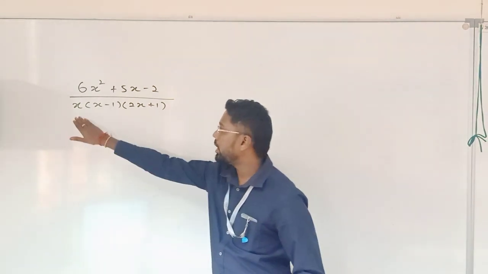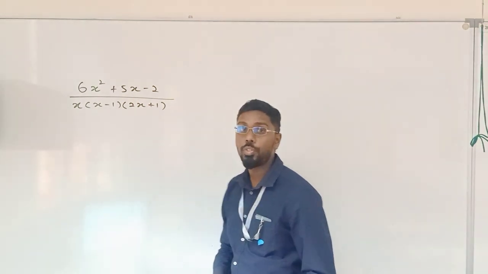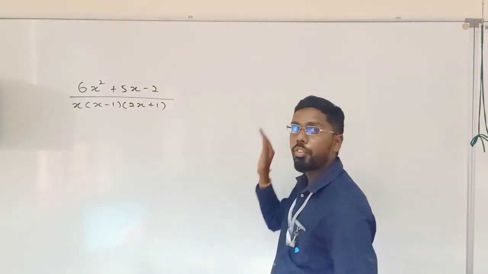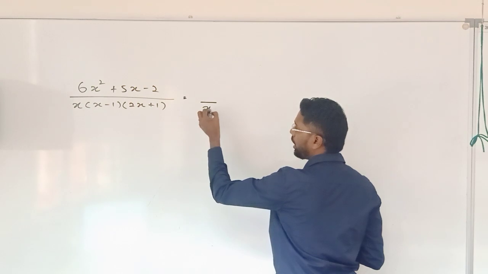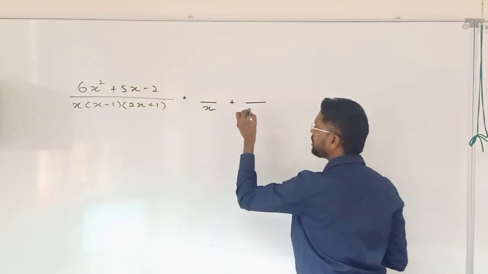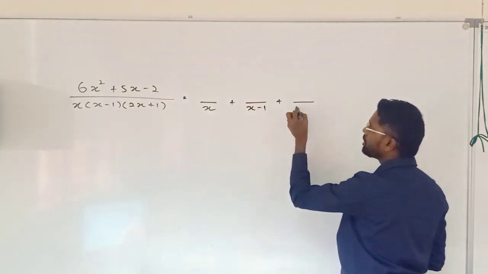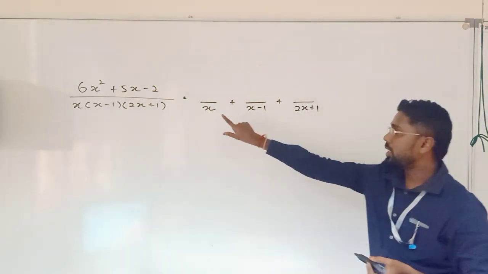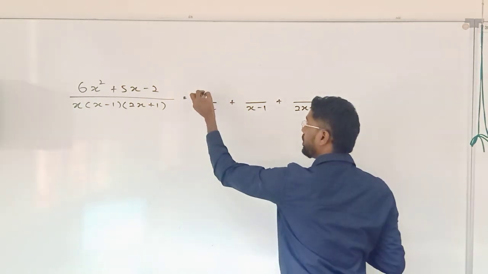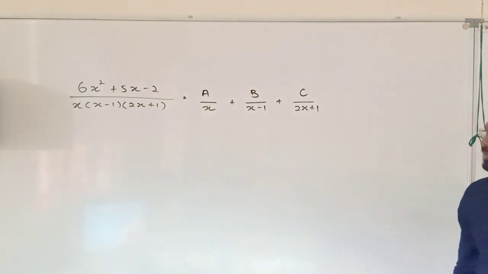Since in the denominator we have 3 linear factors, we're going to form 3 fractions. Since each is linear, the numerator is going to be a constant, and another constant.